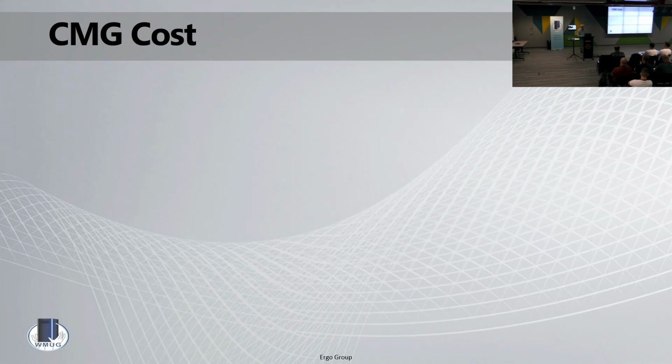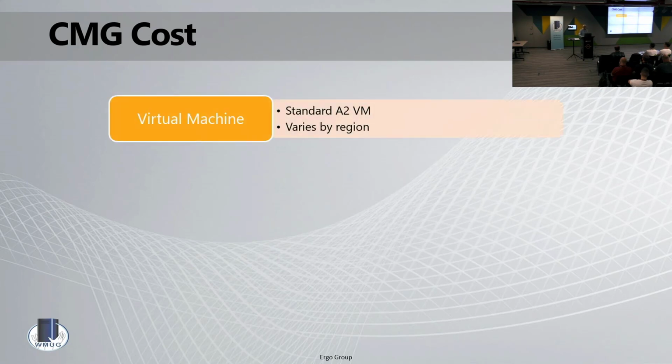You don't need any infrastructure. So what do you need? There are some things you need. A standard A2 VM is automatically created when you add a CMG, because it's literally a VM in Azure. The default is 1, but you can select up to 16. 16 is the maximum, and each of the VMs will support up to 6,000 clients.